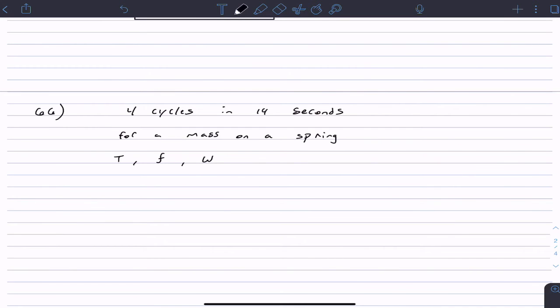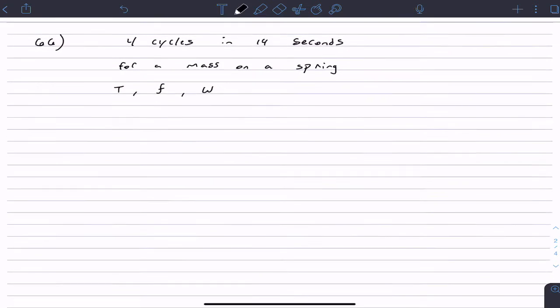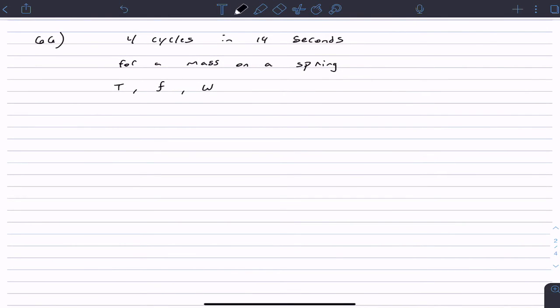Okay, we've gone through this a little bit, but here it is in more detail. So we're going to have period is equal to 2 pi over omega. That's one relationship that we have. Frequency is equal to 1 over period.